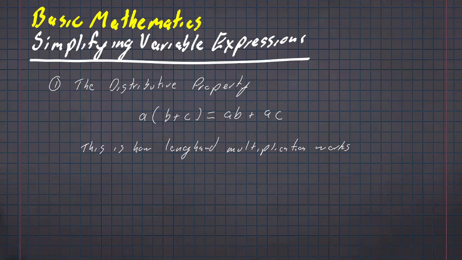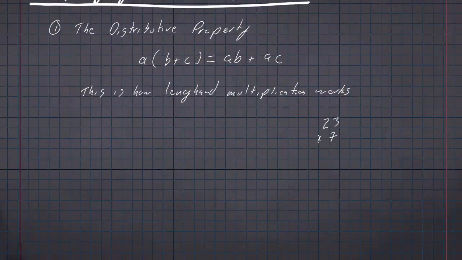If you want to multiply, let's go with something relatively straightforward, 23 times 7. Well, using the distributive property, we can think of 23 times 7 as 7 times 23.